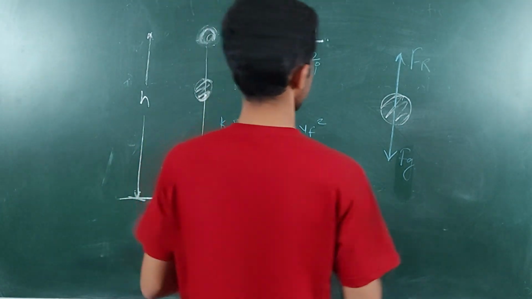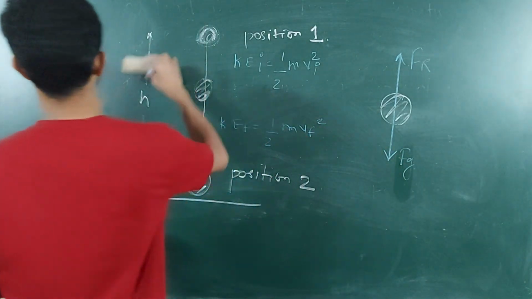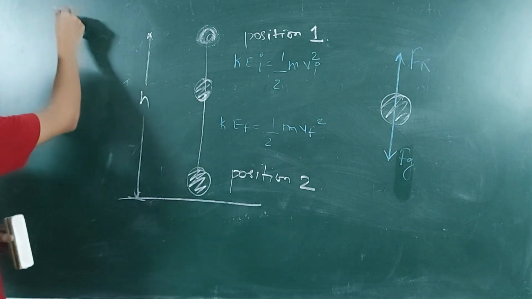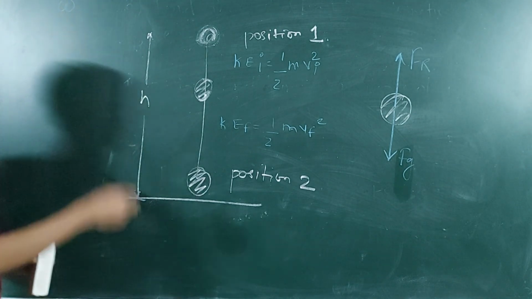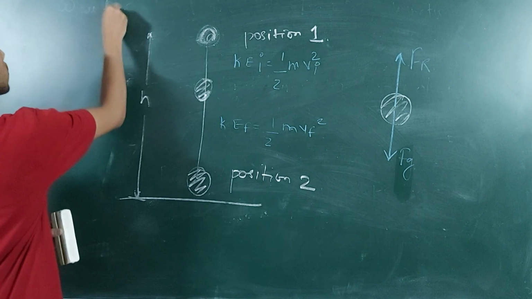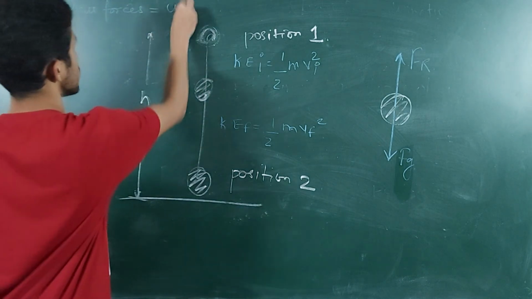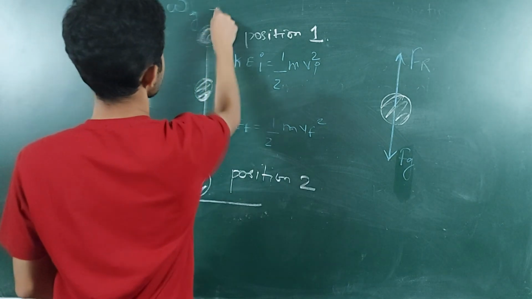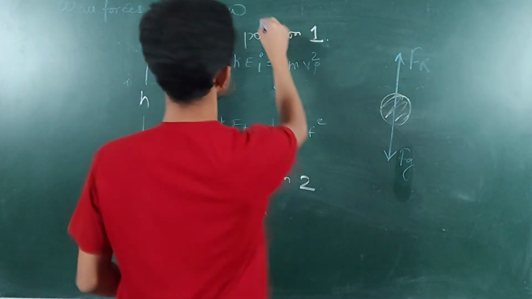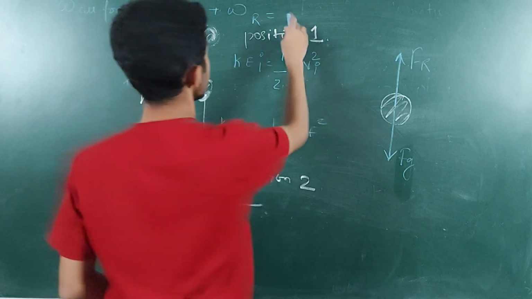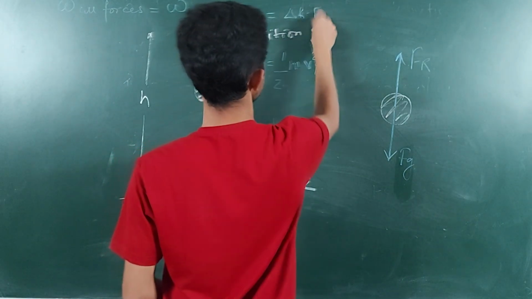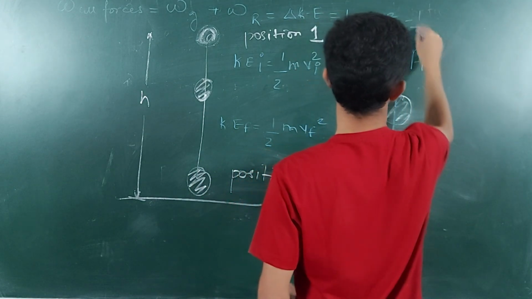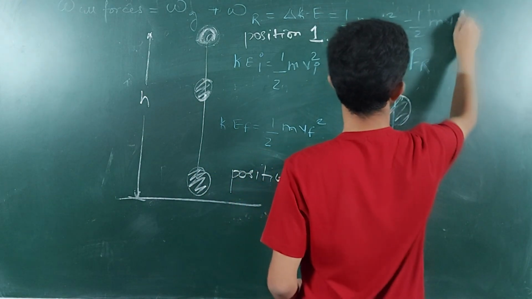So now I know that the work done by all the forces is equal to the work done by the gravitational force plus the work done by the resistive force, which is equal to the change in kinetic energy, which is half m v final square minus half m v initial square.